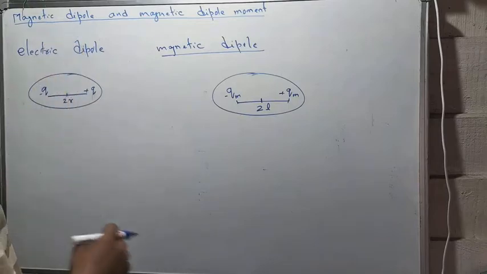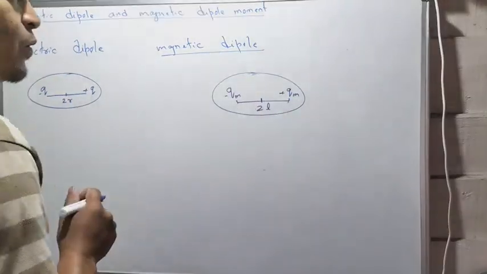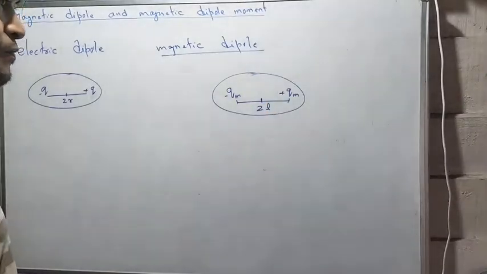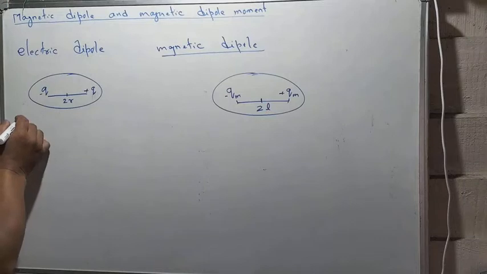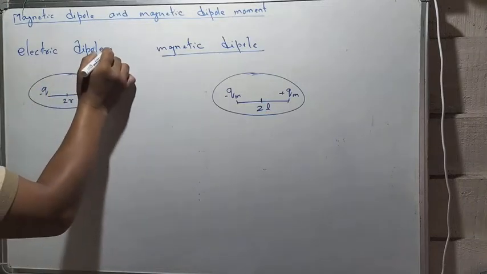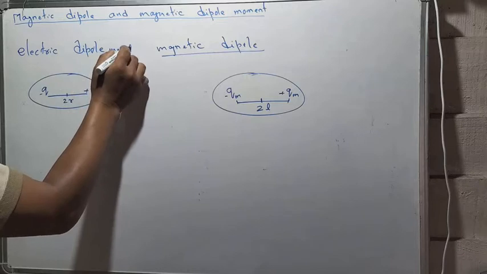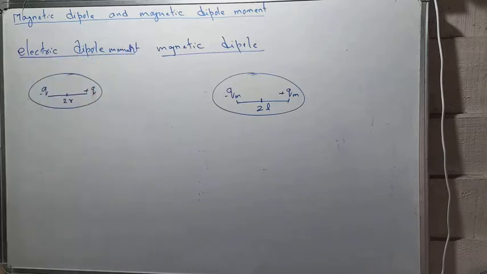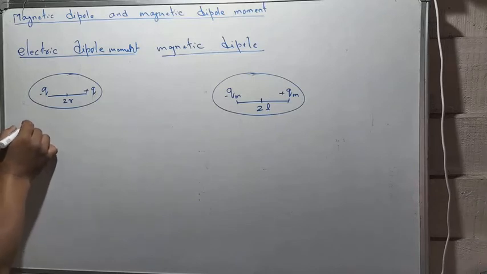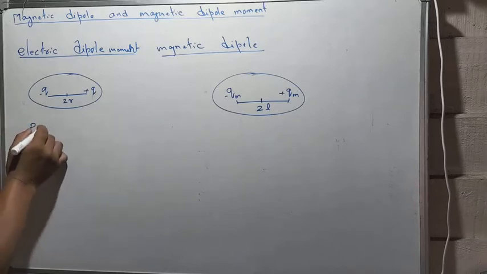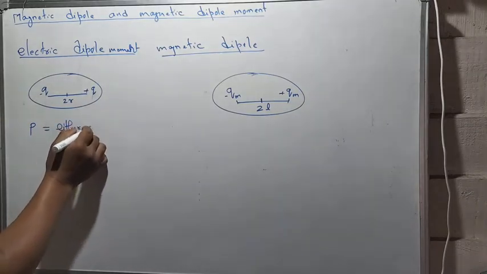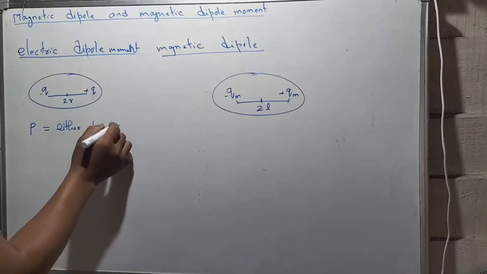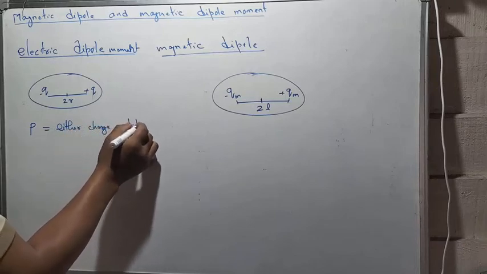So what is a magnetic dipole? It is a system of two equal and opposite poles separated by a small distance. Okay. Now, in electrostatics, we also have what? The electric dipole moment. What is the electric dipole moment? It is represented by the letter P, and it is equal to the product of either charge times the distance between them.